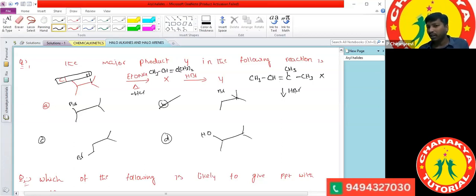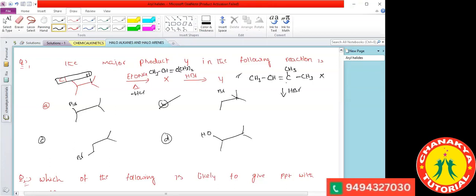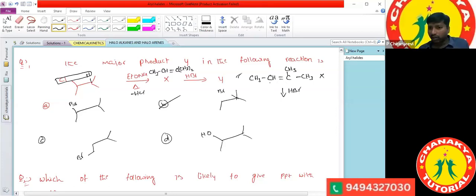When an alkene reacts with HBr, it is an electrophilic addition reaction. If it is symmetrical, we can add in any direction. But they have given an unsymmetrical alkene. Is X symmetrical or unsymmetrical?